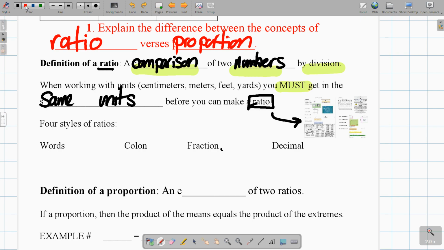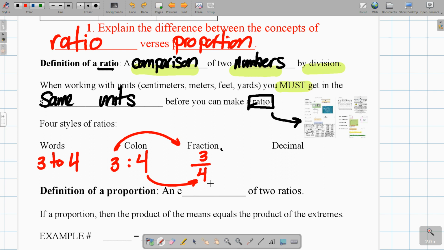Styles of ratios. Using words, 3 to 4. Using a colon, 3:4. Fraction, 3 over 4. So the first goes in the top, the second goes down below.